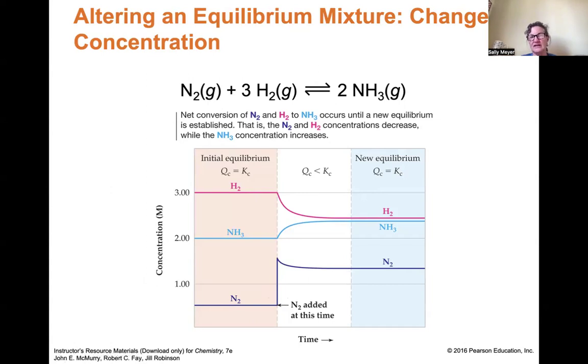And in order to do that, it has to react to the right. When it does that, it has to use up some H2, so H2 has to go down. And then NH3 has to go up because as you're reacting it with this added amount of N2, you're going to the right.